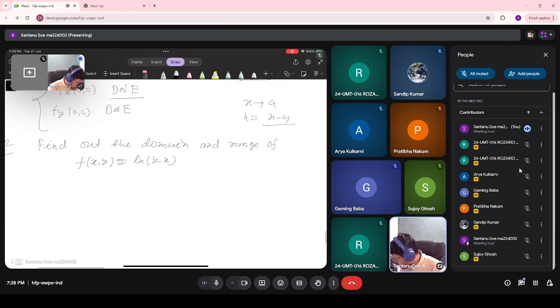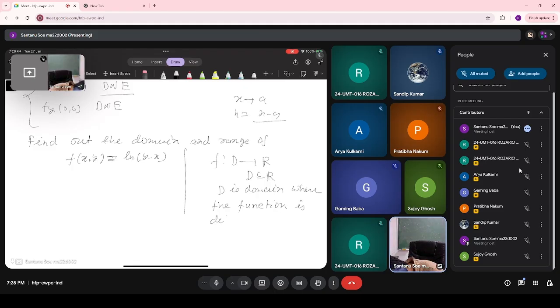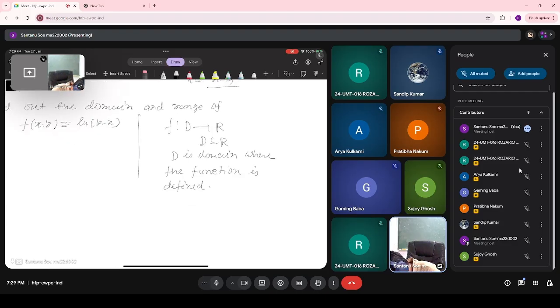So let me go to the one variable case. For example, if a function is given from D to R, where R is the set of real numbers and D is a subset of R, then we say D is the domain where the function is defined. In some books they define a domain to be open and connected, but this is very restrictive.